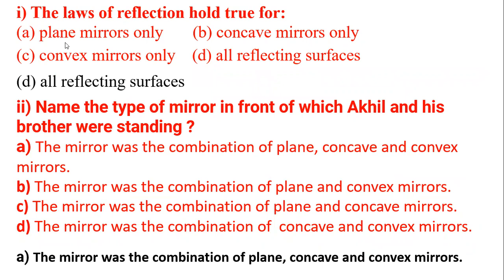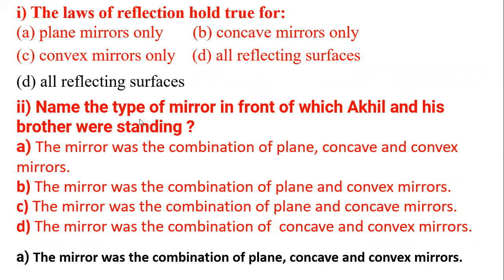B. Concave mirrors only. C. Convex mirrors only. D. All reflecting surfaces. Of course, each and every reflecting surface has the capacity to reflect. So all reflecting surfaces is the correct answer.